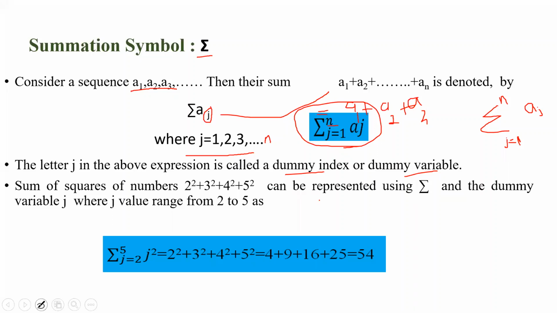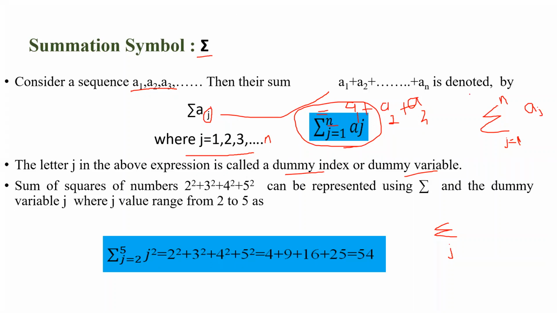If you want to find the sum of a series like 2 squared plus 3 squared plus 4 squared plus 5 squared, what should be the first thing you write? It is a sum, right? So you write the summation symbol sigma, and here also we are going to use a dummy variable called j. First figure out what number is getting incremented in this series.